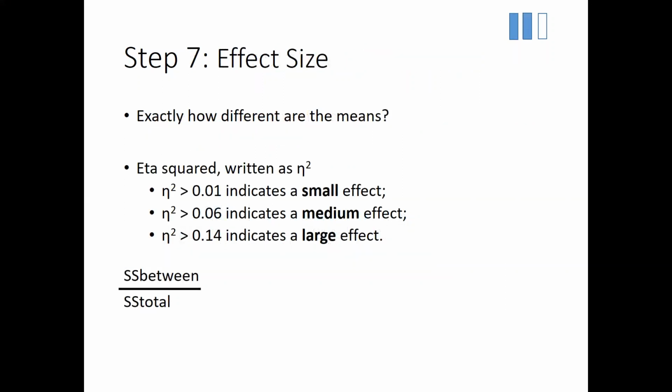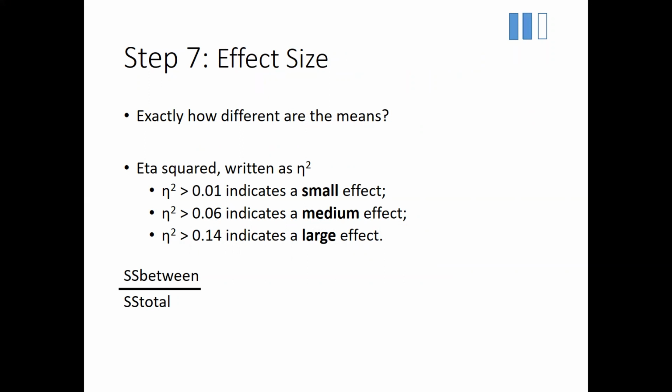But how different? Remember, we've talked about effect size this entire semester. We measure effect size, how different are the means, by using a Greek letter called eta, and normally it's written as eta squared.